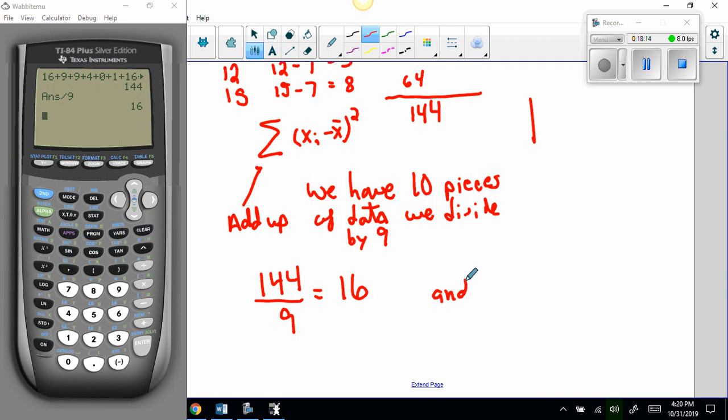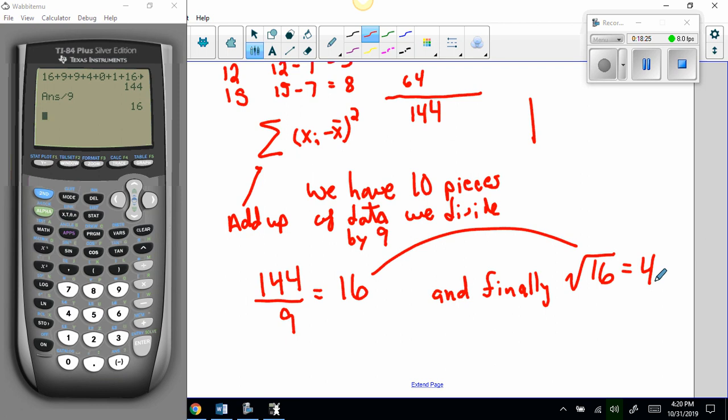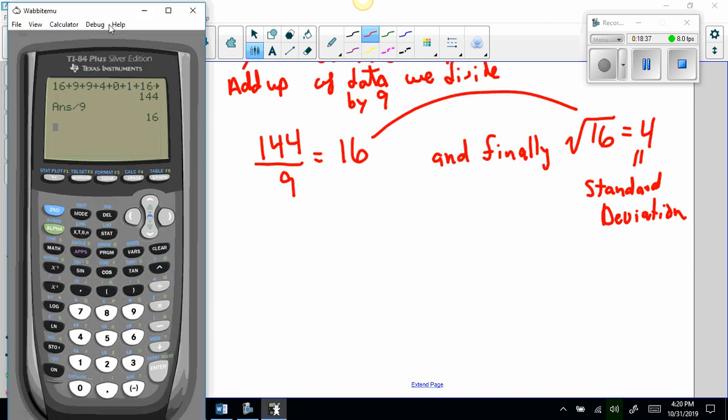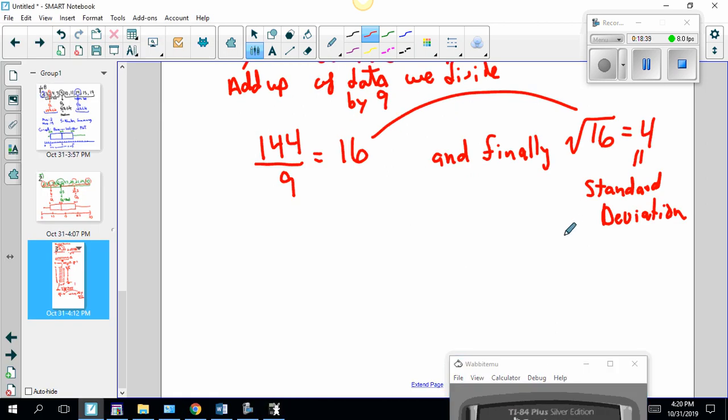And finally, take the square root of this. And that's what we call the standard deviation. And it's got a fancy name.